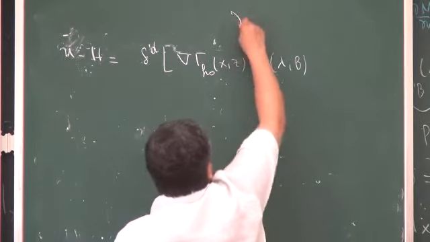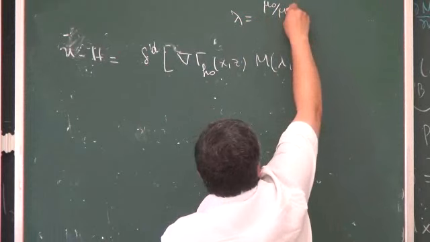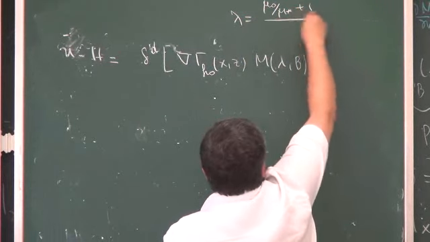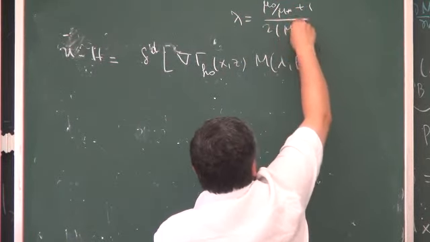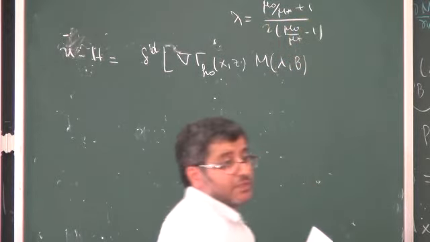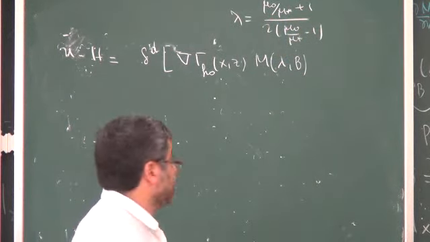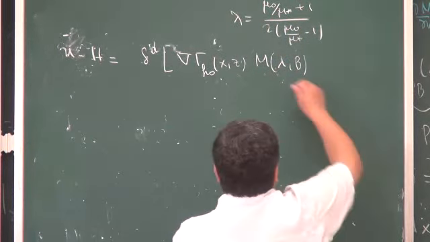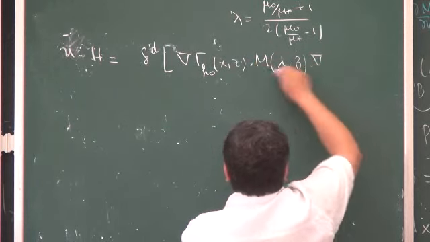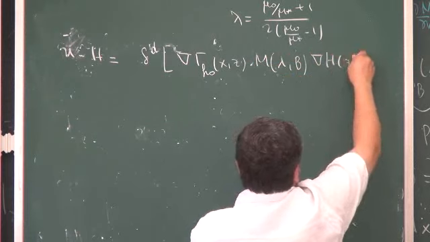So lambda is the magnetic contrast, mu 0 over mu star plus 1 over 2 mu 0 over mu star minus 1. It was k plus 1 over 2k minus 1. So the magnetic contrast is this one, times the gradient of the fundamental solution, times the polarization tensor applied on the gradient of h at z.